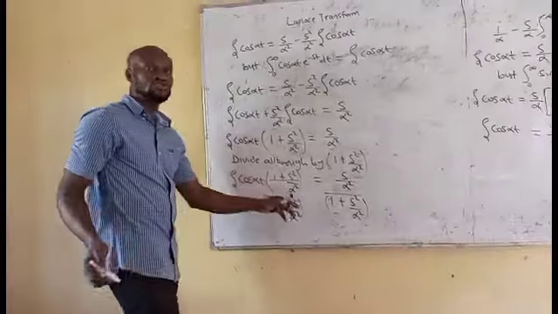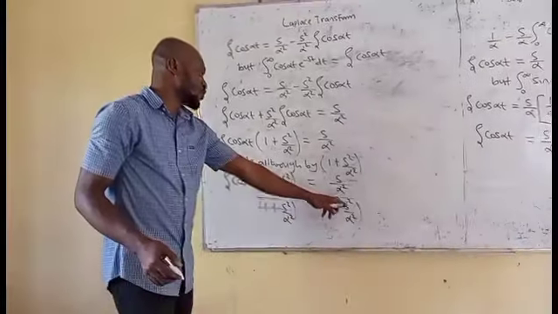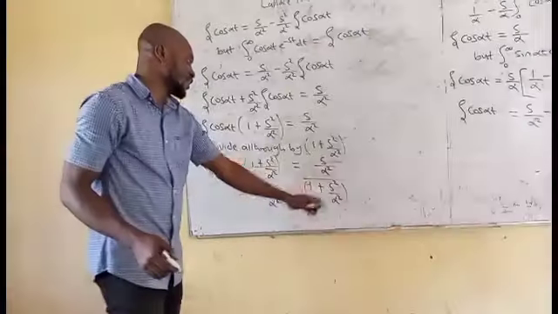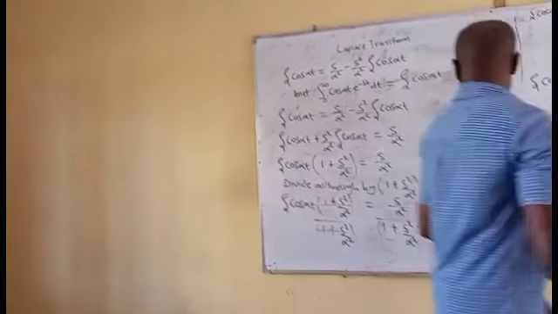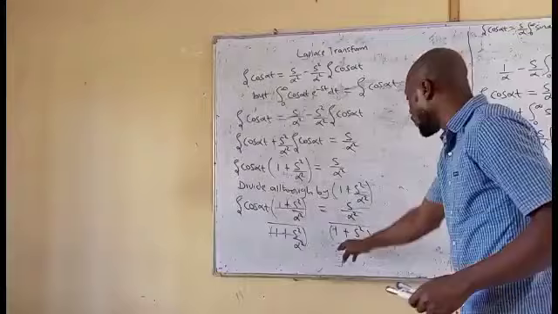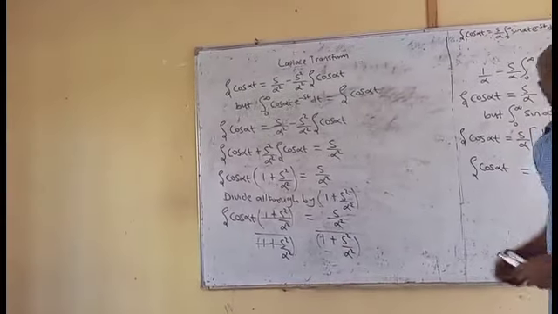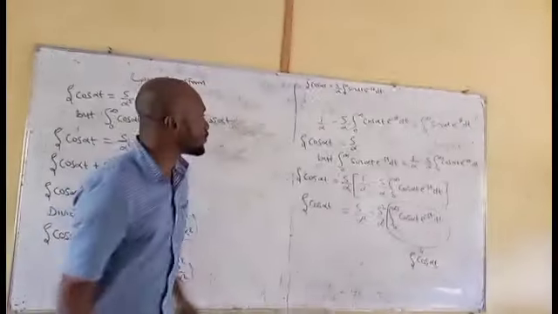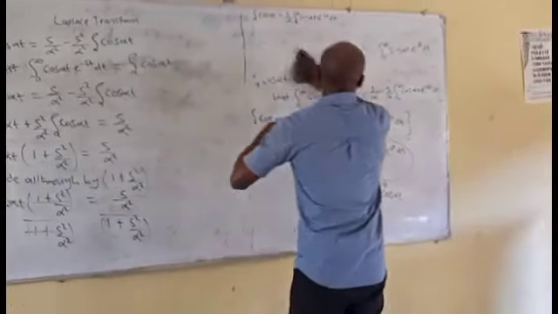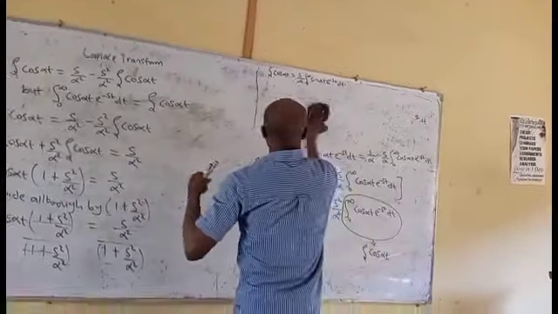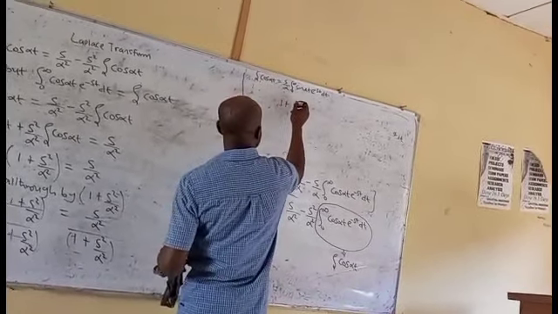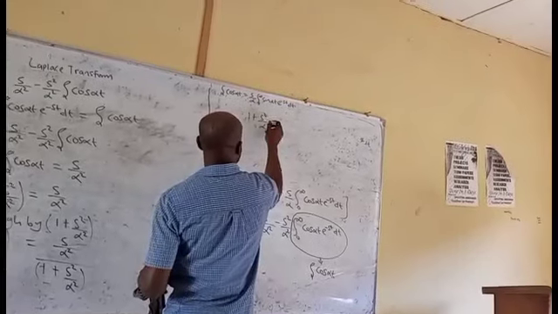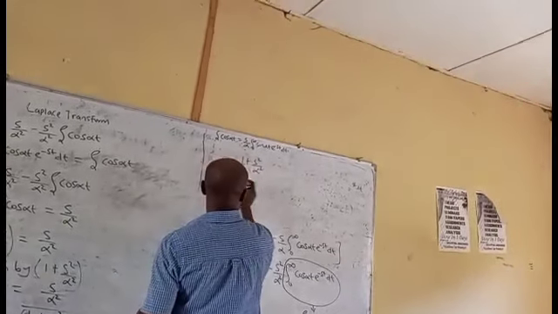Then I'm dividing all through by 1 plus x squared over alpha squared. So now I want to look for the LCM of 1 plus x squared over alpha squared. When I get the LCM, the LCM of this will be 1 plus x squared over alpha squared. So let's say here 1 over 1.